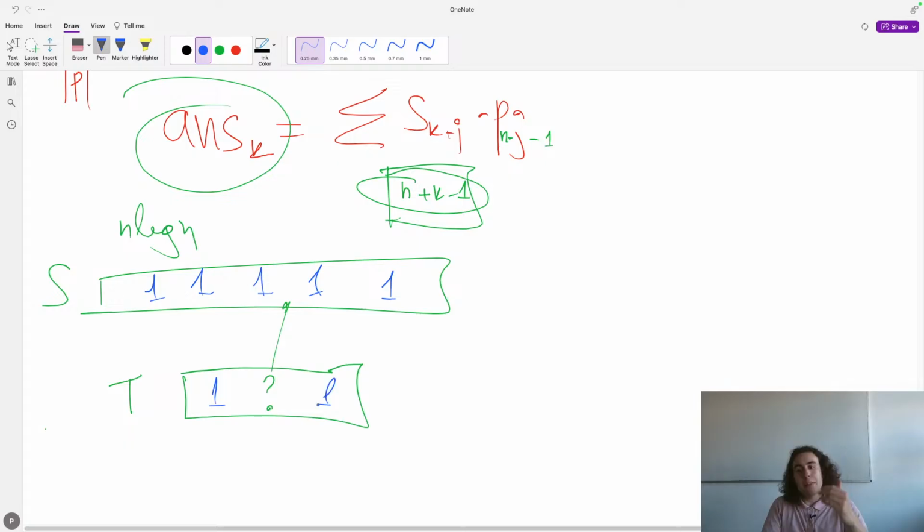So we multiplied before S and T, but now we're just going to replace question marks with ones. So question marks also match. Now we're talking about pattern matching in strings with wildcards using FFT. So we replace all question marks also with ones, and then we multiply, and then we get how many ones from the string S match.